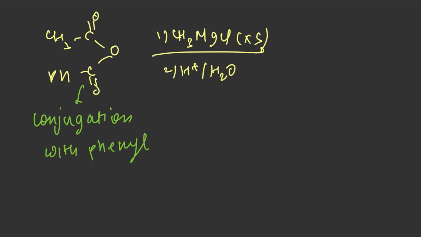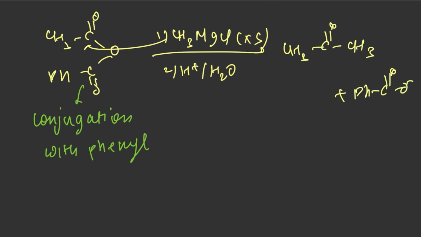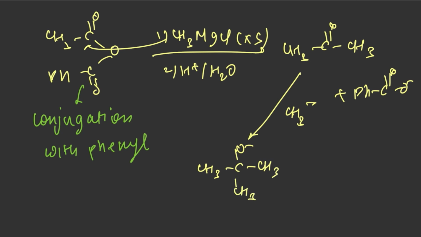It is already stabilized, so it will attack over here. Now what will form? CH3 plus Ph C double bond O minus. This will attack CH3 minus also. So CH3, C O minus, CH3 and CH3. It will form this. Now let's solve some more problems.